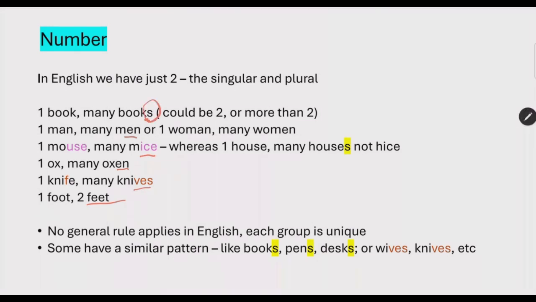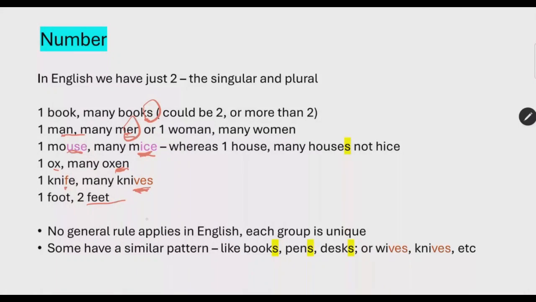Some take a change in spelling. The A becomes an E. Here it changes completely. Here it changes to an EN. Here you change the F to a VES. So each of these are like what in Arabic we call broken plurals, right? And we have in Arabic also broken plurals, right? So there's no general rule that applies in English, and each group is unique.